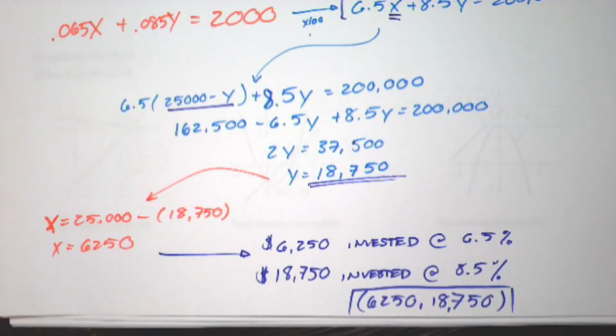Let's take a look at some nonlinear systems, however, and see how that changes it up. Coming on that second page, we have two different versions we're going to do dealing with nonlinear systems. One that's going to give us two solutions, and then one that's going to give us no real solution. Now, if we look quickly, we're dealing with something quadratic and something linear.